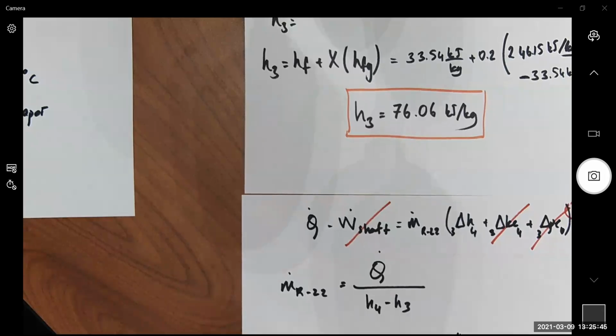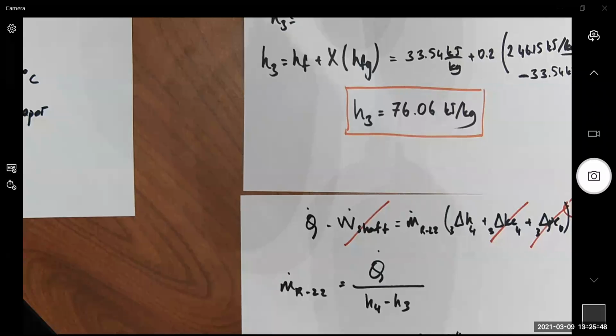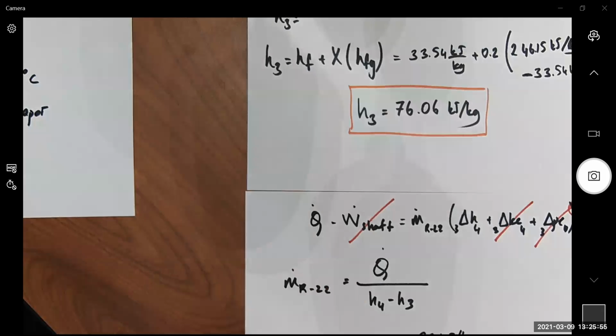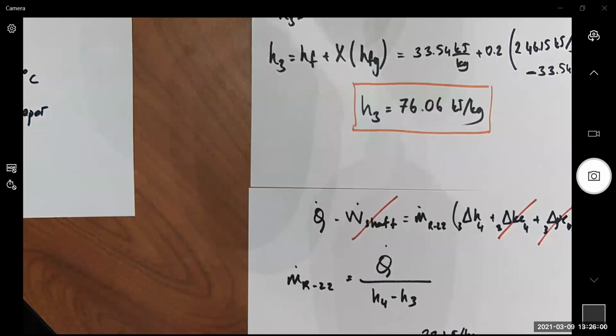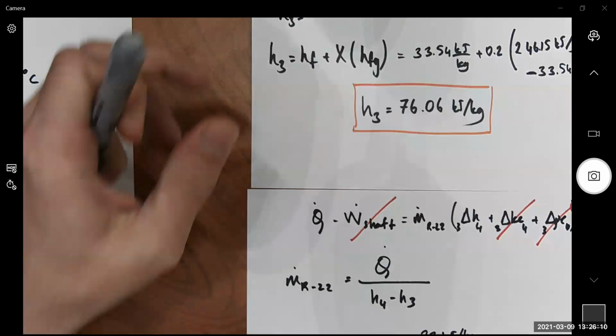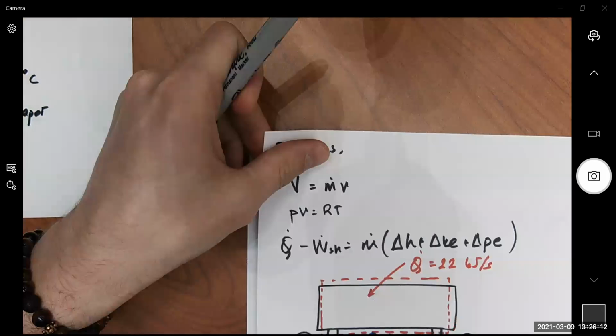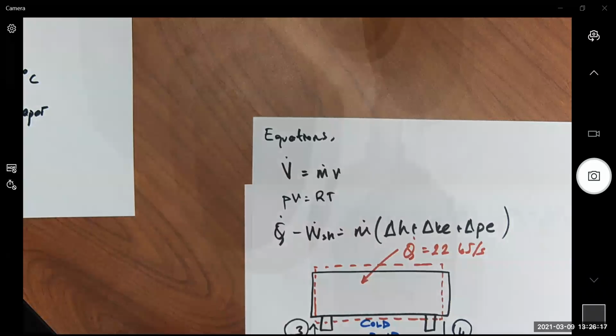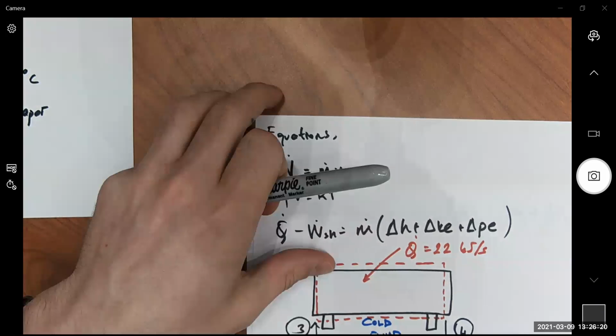H4 is 246.15 kilojoules per kilogram, and H3 is just calculated, 76.46 kilojoules per kilogram. And from here, the mass flow rate for the cold side should be 0.13 kilogram per second to extract this much heat from the cold side to satisfy the condition. Clear?